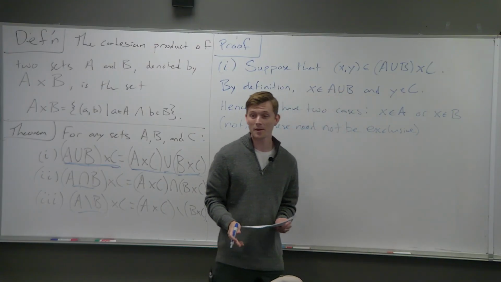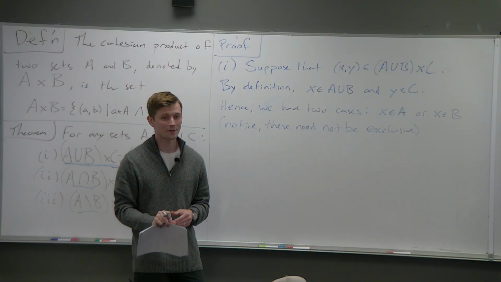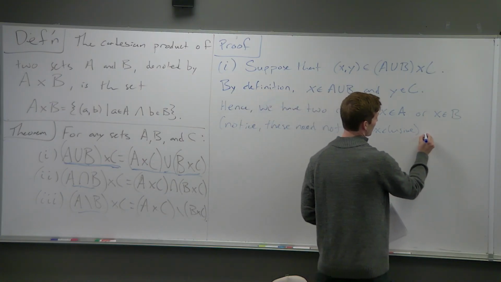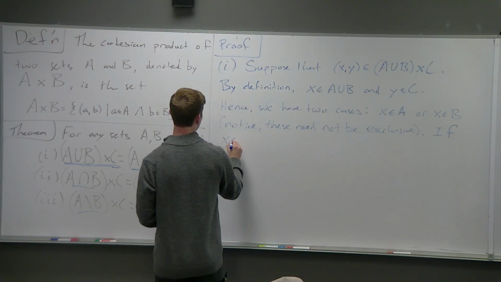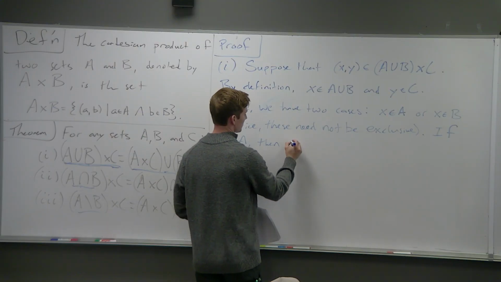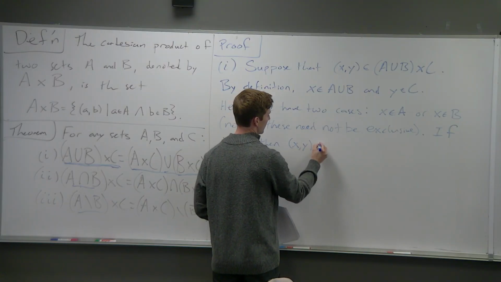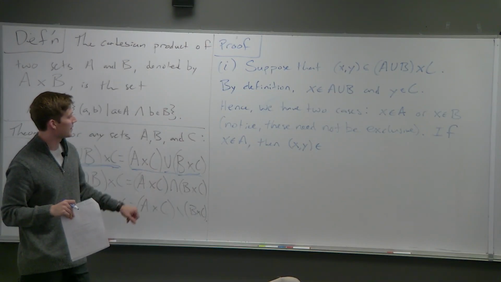That is, A and B may contain some of the same elements, right? Nothing too crazy there. Okay. So, if x is in A, then (x, y) is in A cross C.